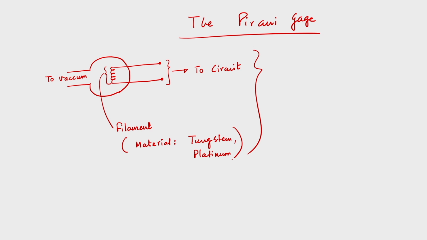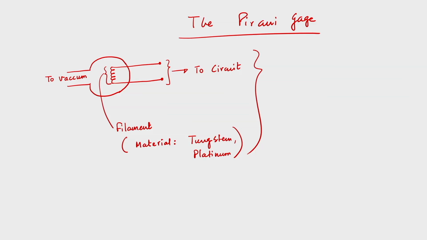So this is a schematic depiction of a Pirani gauge. It has a chamber. The chamber is not closed, it is open, and one side of the chamber is open to the vacuum, that is, the low pressure that we would like to measure.